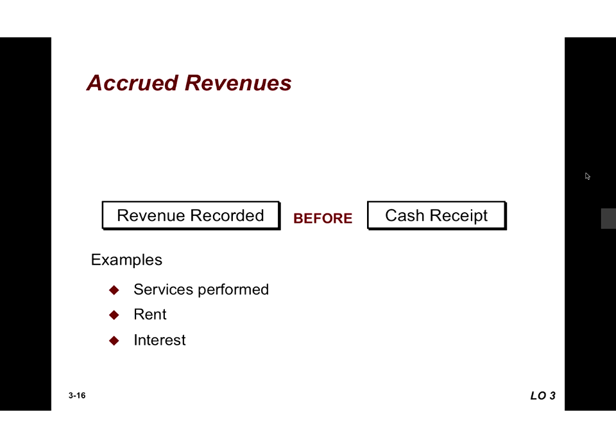If the doctor's office bills the insurance company after the services are performed, that would be an accrued revenue. Rent, if we're the landlord and they pay rent after the month is over, and then interest, if we have a loan we've made to someone and they pay us interest afterwards, that is accrued revenue.